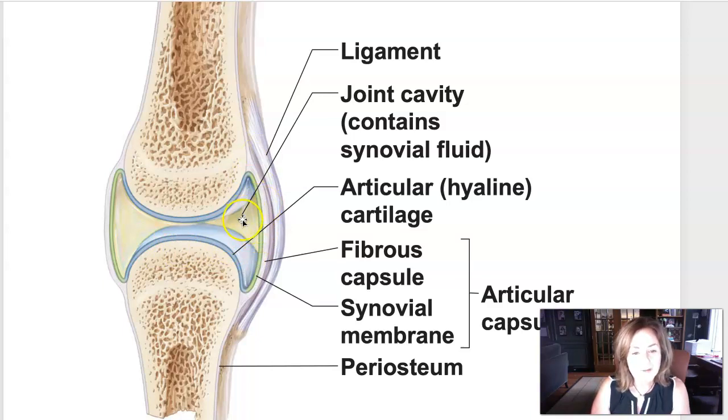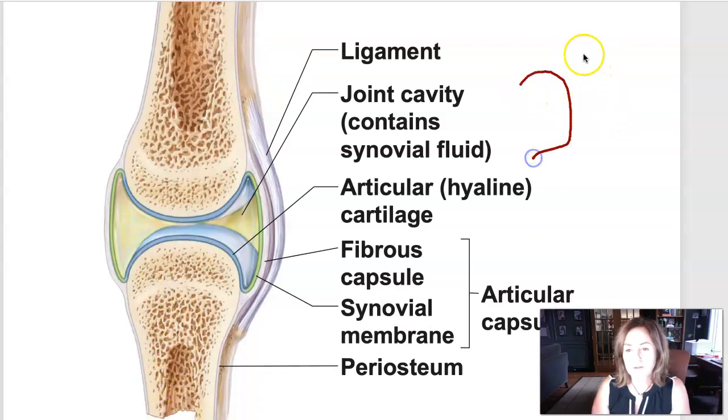And so some of the ways that we can stabilize this would be based on the shape of the articular surfaces. Can you imagine, say, the head of the humerus, and how it fits into the glenoid fossa? That's considered a ball and socket. Or even like the acetabulum and the head of the femur, how that's a good ball and socket.